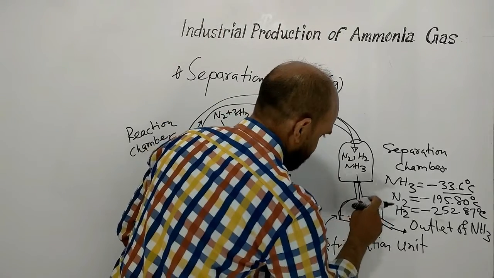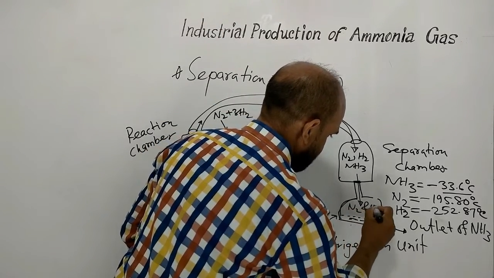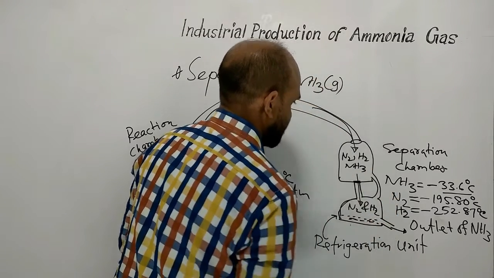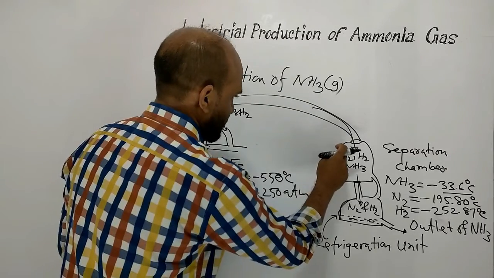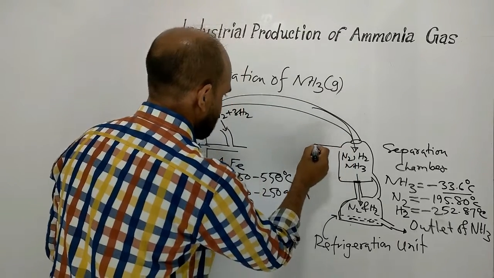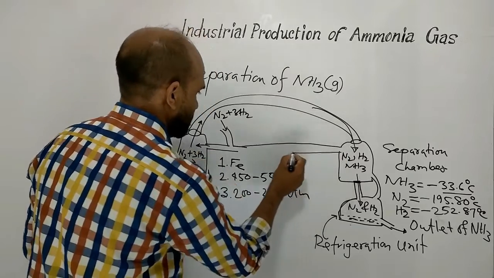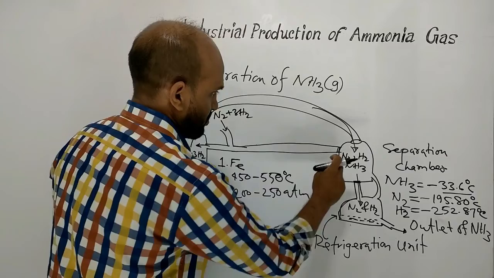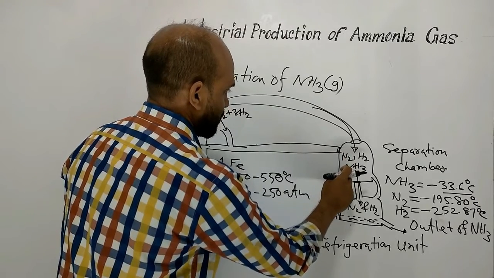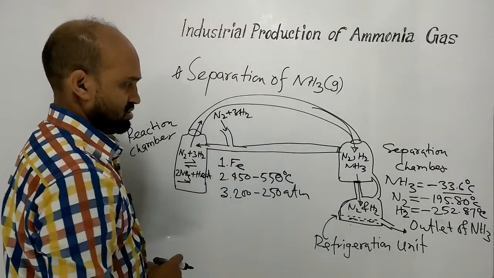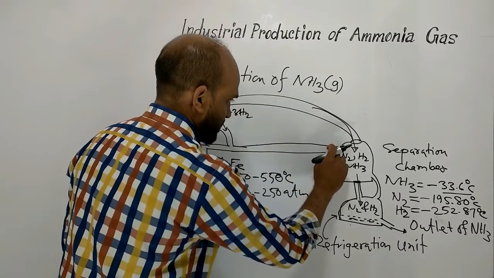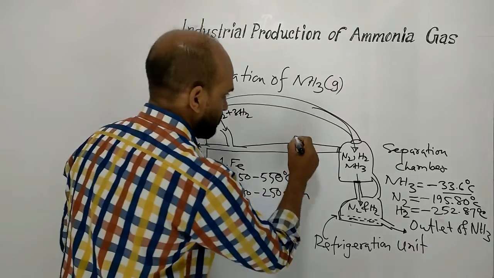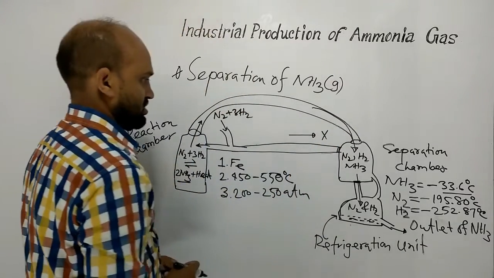So these nitrogen and hydrogen are returned back to this separation chamber again, and ultimately this gas is taken to the reaction chamber. Here there is a valve that allows movement of these gases from right to left, but doesn't allow movement of this mixture from left to right.